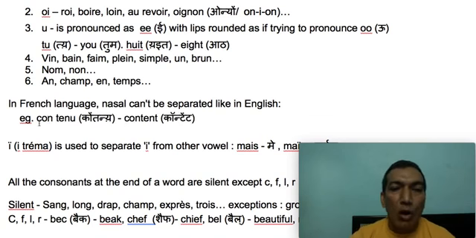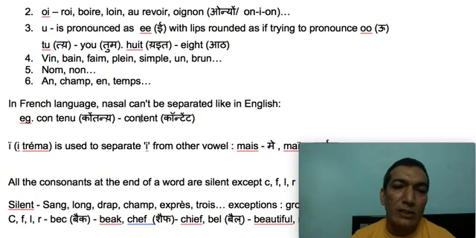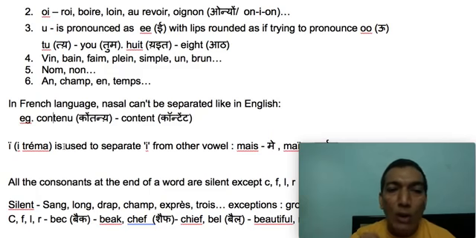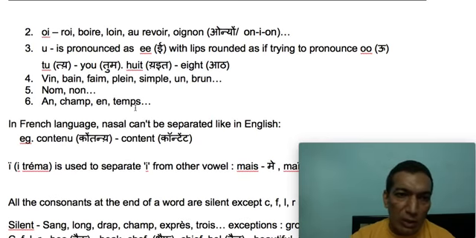It is not con as in English. The translation is content. In English, you separate the nasal sound from the vowel. But in French, it is a nasal sound. So just remember this sound, okay.